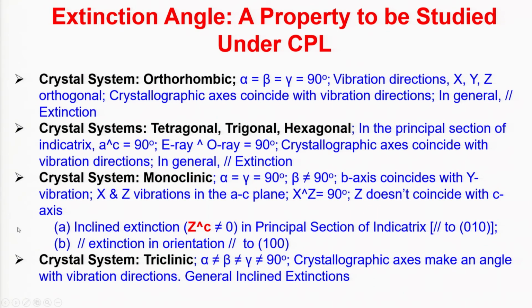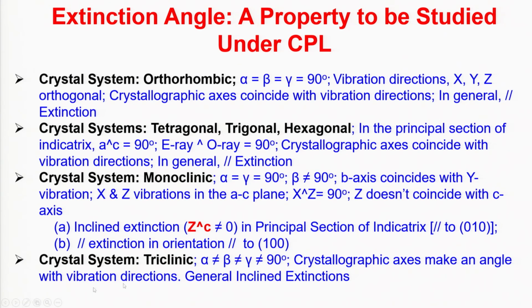So, in this optic orientation, which is the principal section of the indicatrix of a monoclinic mineral, which is parallel to the 0 1 0 optic orientation, you have a value of z angle C which is not 0, and this we measure as a measure of the inclined extinction or angle of extinction or extinction angle for a monoclinic mineral. Whereas, in 100 optic orientation, I will show you that it shows straight extinction.